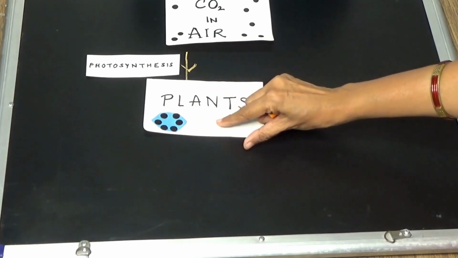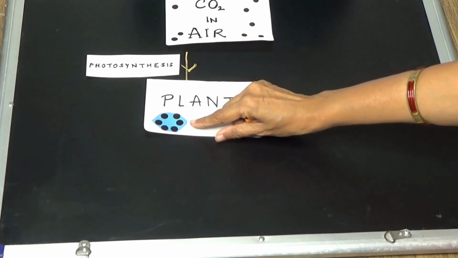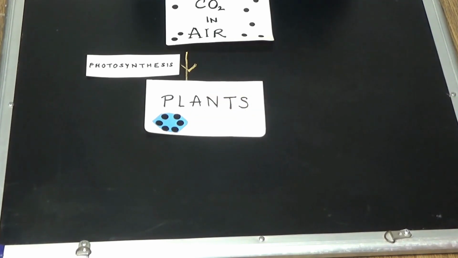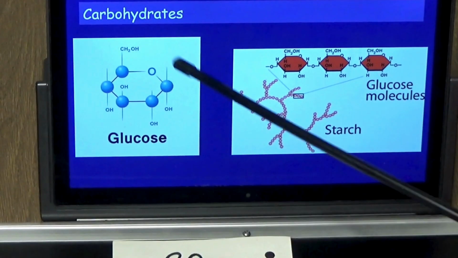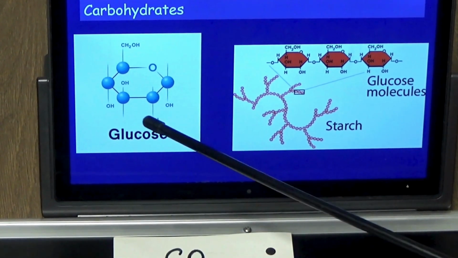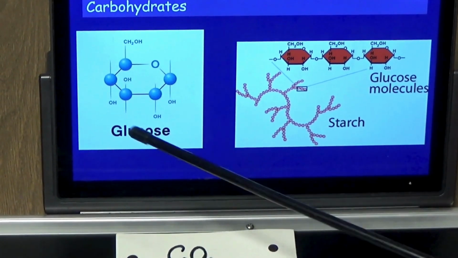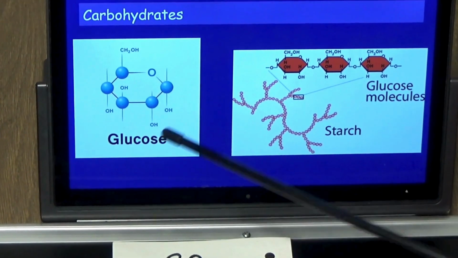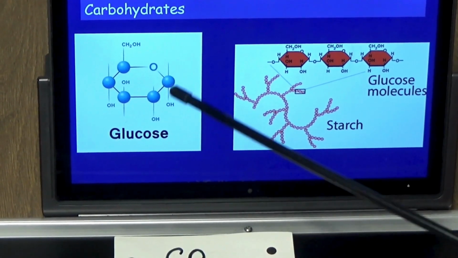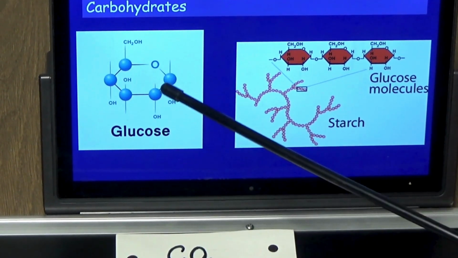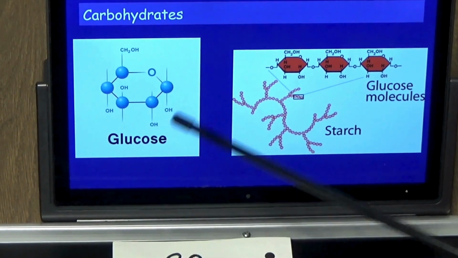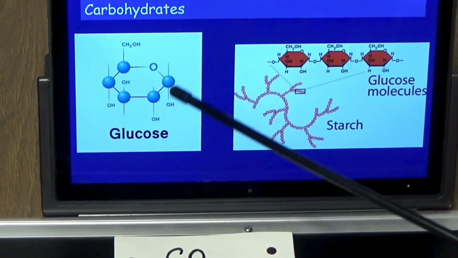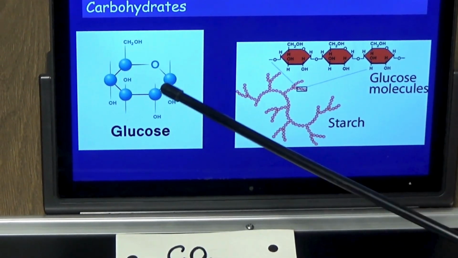It's a hexagonal molecule, and we will see on the screen how these carbon atoms are joined together in glucose. There are 5 of them below and there is one above, and this glucose is the basic molecule through which plants build much of their other molecules.